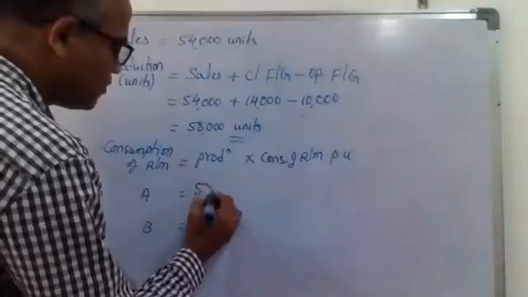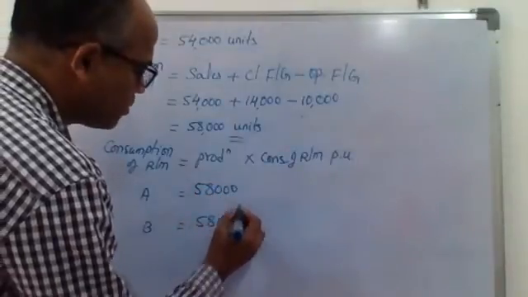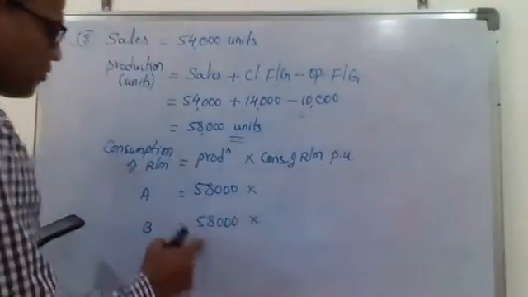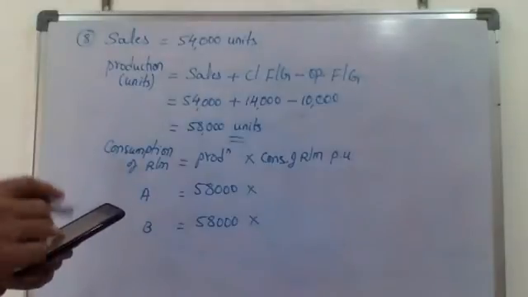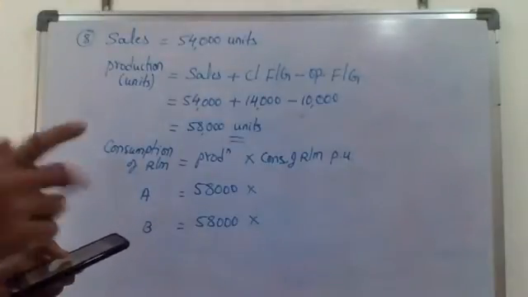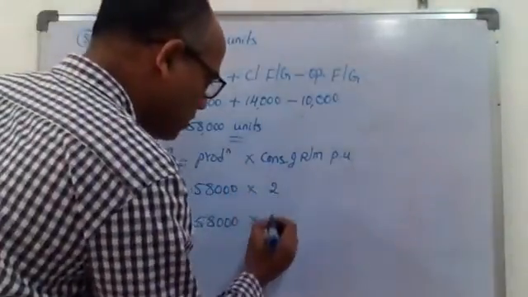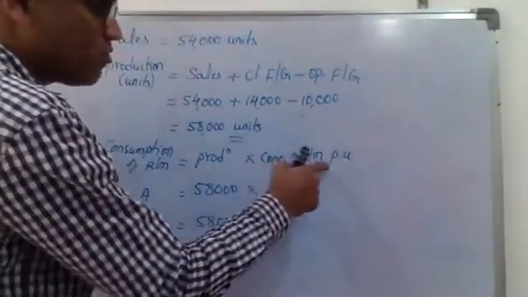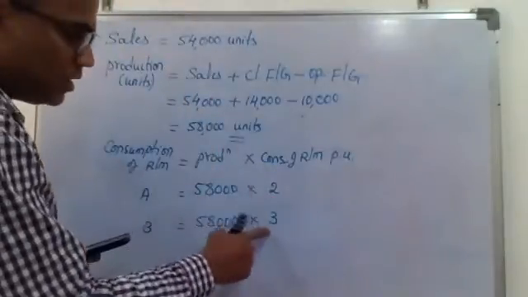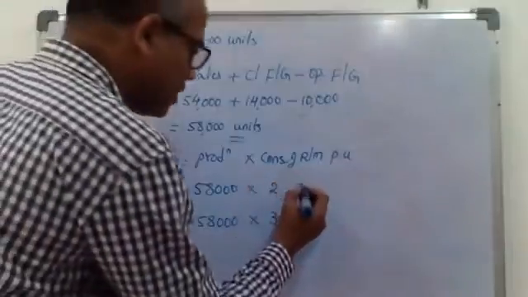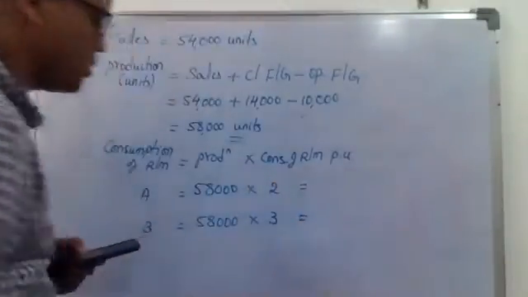I'm planning to produce 58,000 units, so for both, 58,000 units will be the production. Each unit of product requires 2 units of A and 3 units of B. So for 1 unit, I require 2 kilos of A and 3 kilos of B. Multiply this with this, and you get the consumption of raw material.